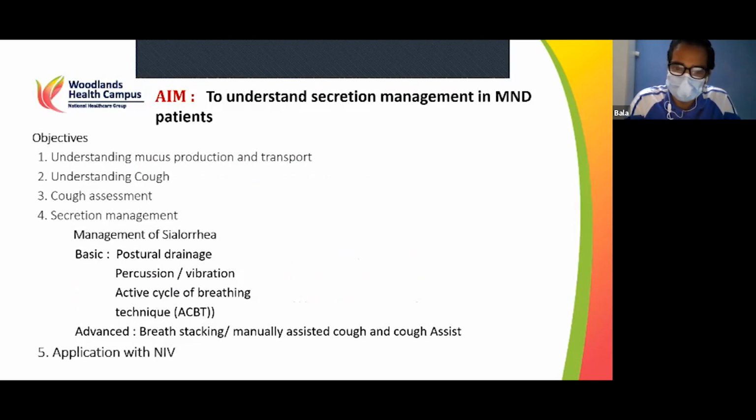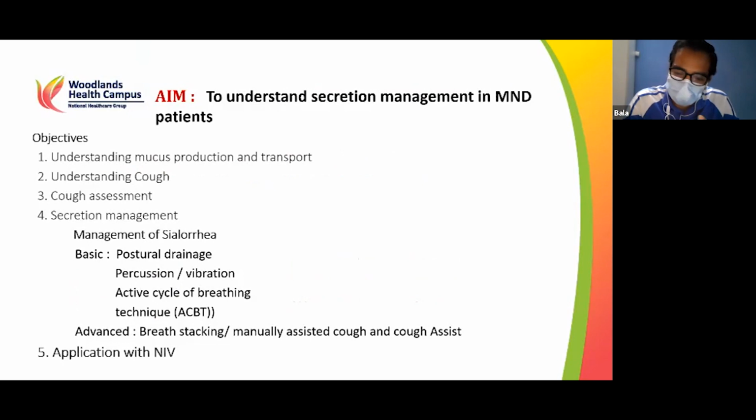First management will be sialorrhea. Then, based on the cough assessment, if the cough is intact, how do we manage this patient? If the cough is impaired, how do we manage these patients? And finally, we will see how to apply secretion management with NIV, because most of the patients will be on NIV. So that's how this talk is going to go.